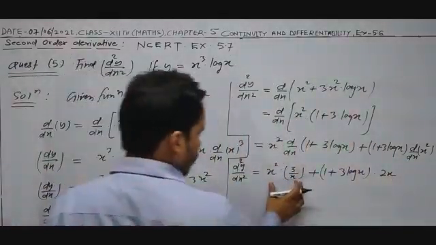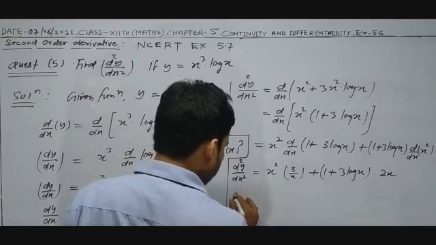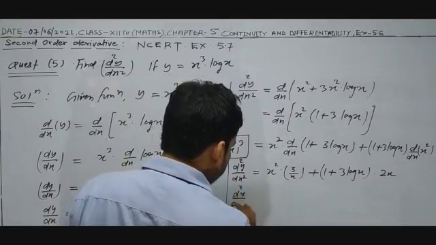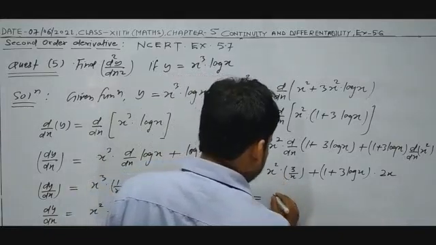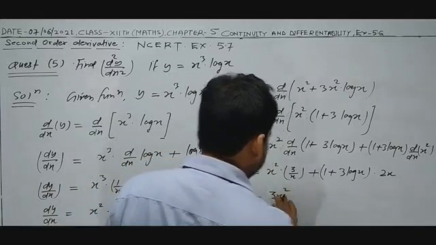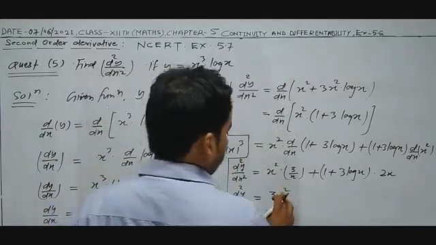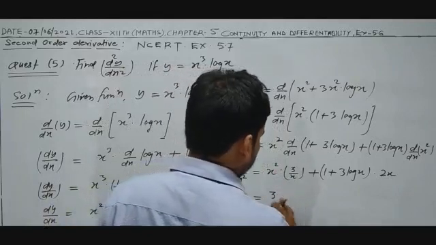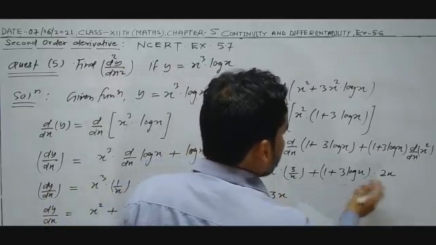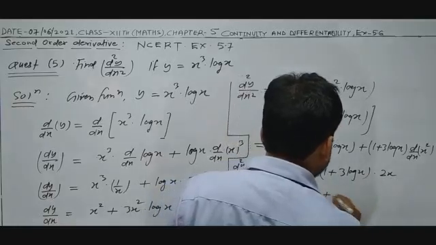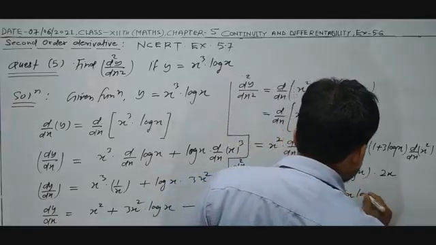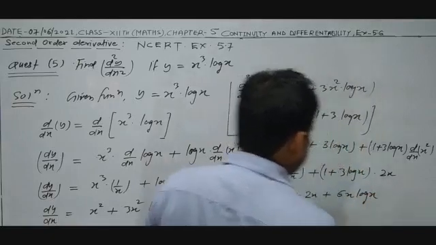So d2y by dx2 is equal to, this result is 3x, not 3x square, and this result will be 2x plus 6 times x log x.